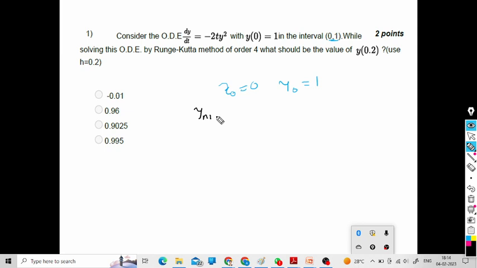Sorry, here we have the function in the form of t, so take t naught. Simply put your values and you will get k1, k2, k3 and k4.